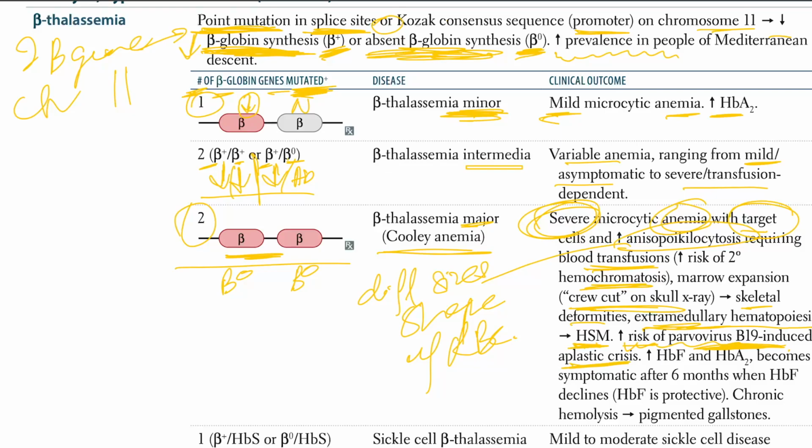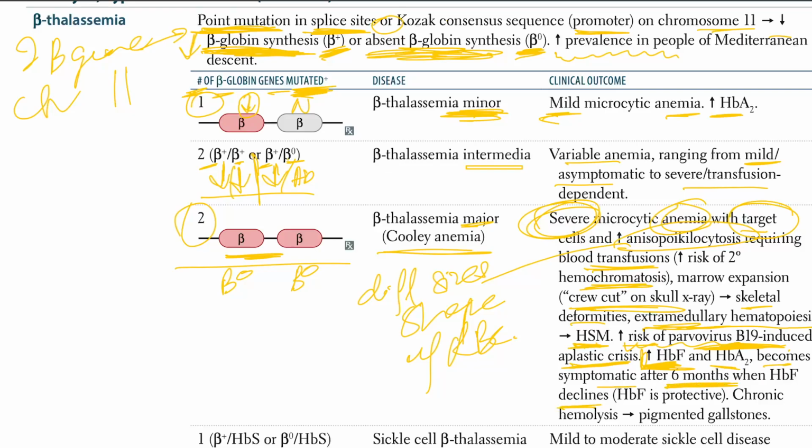Okay, and you have an increase in HbF, fetal hemoglobin. This is just a compensatory mechanism: the body is trying to have some sort of hemoglobin, so it makes more HbF and HbA2. The patient becomes symptomatic after 6 months when HbF declines.